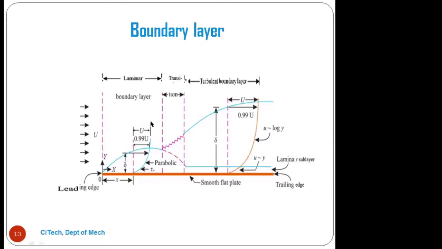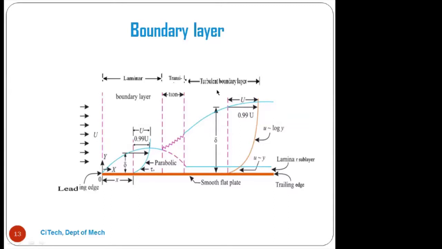After the laminar flow, the next is called the transition period or transition layer, and the third is called the turbulent boundary layer. So: laminar boundary layer, transition boundary layer, and turbulent boundary layer.